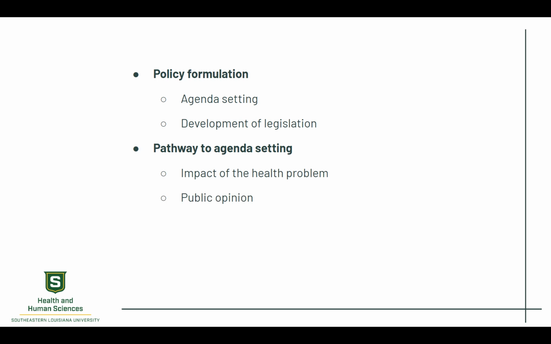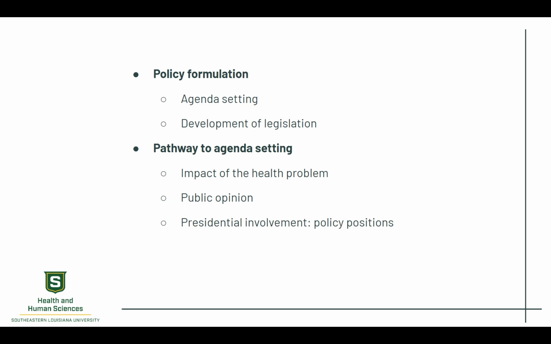Public opinion also comes into place. I'm going to use the example of defund the police. While that has not been done on the federal level, you did have some states and some smaller agencies that made some changes in the way policing happens, and this was driven through public opinion.